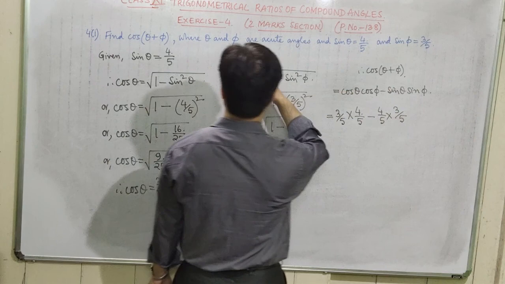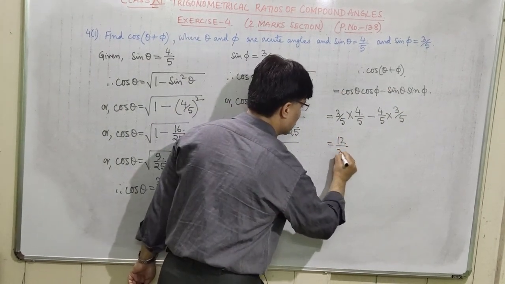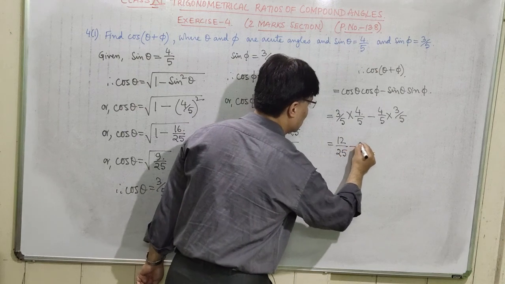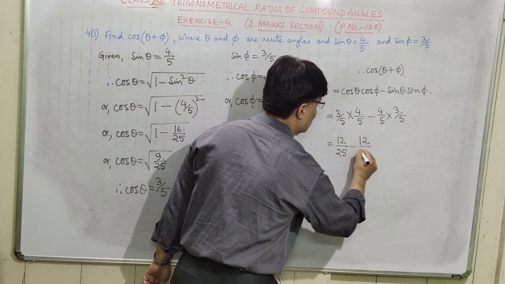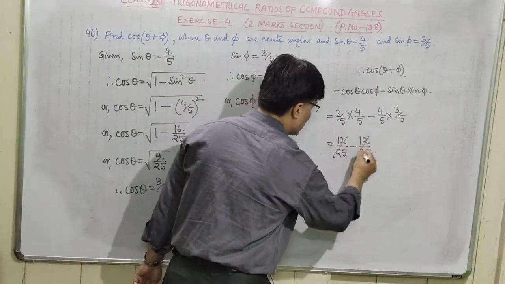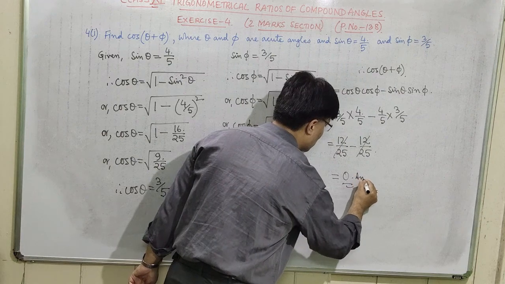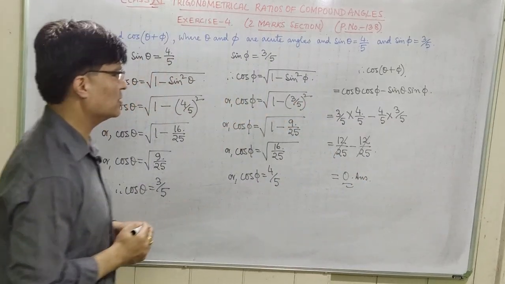So this is equal to 4 3s are 12 divided by 5 5s are 25, minus 4 3s are 12 divided by 5 5s are 25. Both of these will be cancelled, which is equal to 0. So this is the final answer.